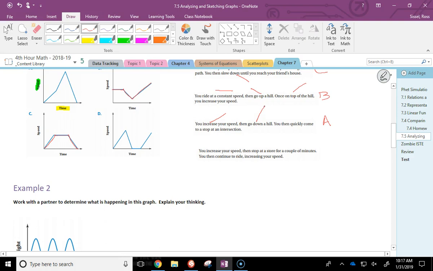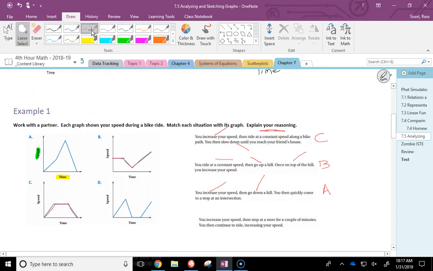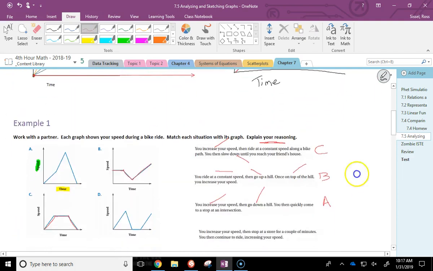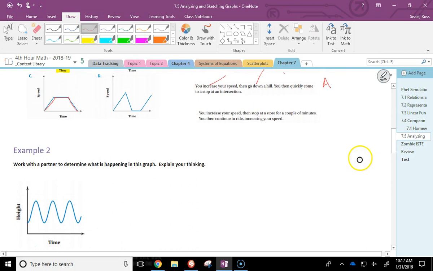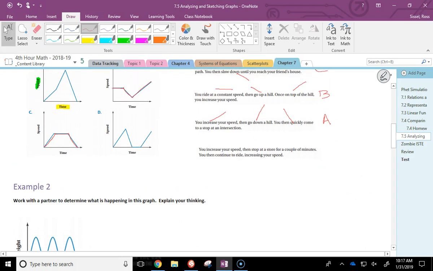Then I quickly come to a stop. Quickly come to a stop means when I decrease, it's going to happen fast. So, increase slowly, fast increase, fast decrease.